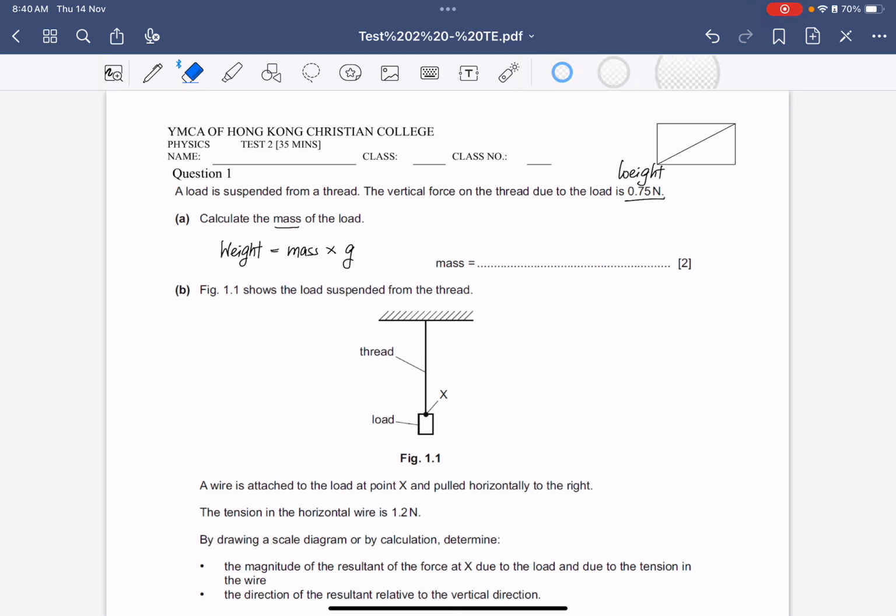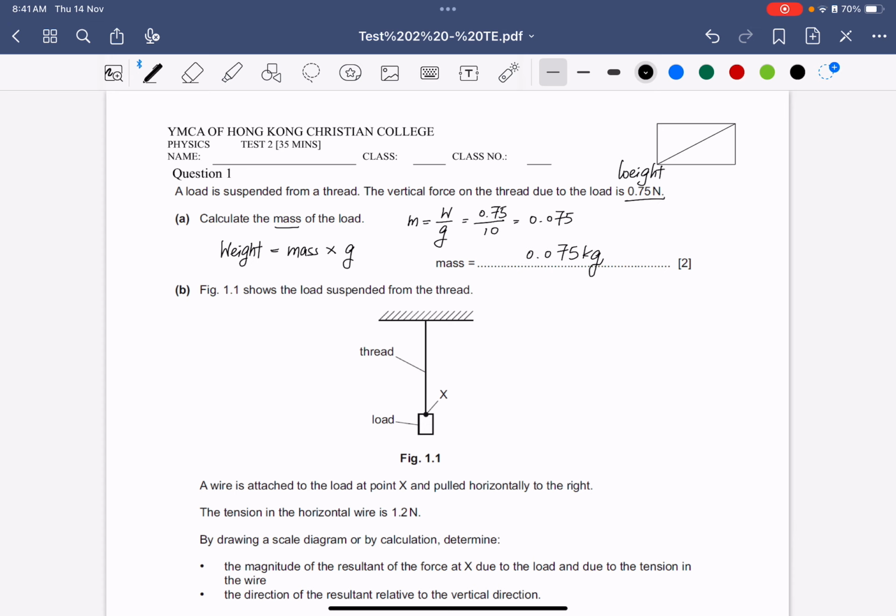Therefore, mass is W over g. W is 0.75, g is 10. So the mass will be 0.075 kg.